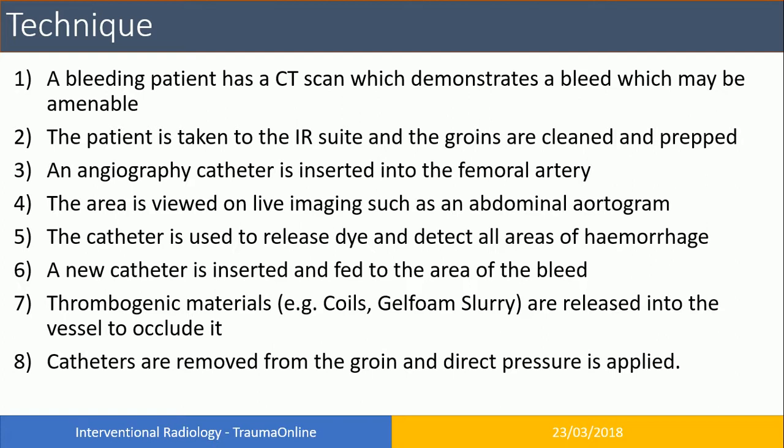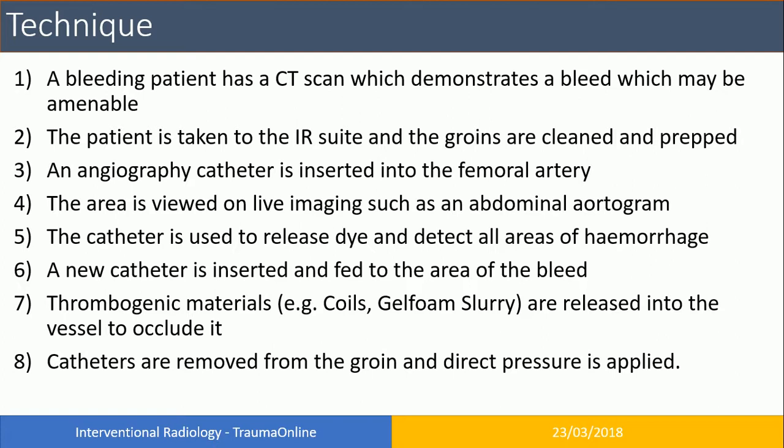They then utilize a different catheter which is inserted to the area which has been identified as bleeding. Say it's one of the branches of our internal iliac artery, say our pudendal artery, and they will then deposit the thrombogenic materials into this vessel, and this will cause it to start to occlude and a clot form in it.